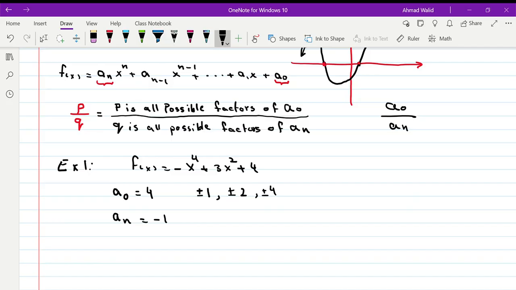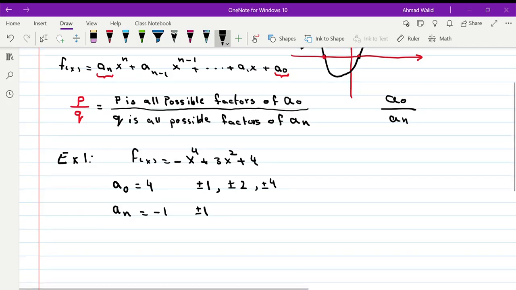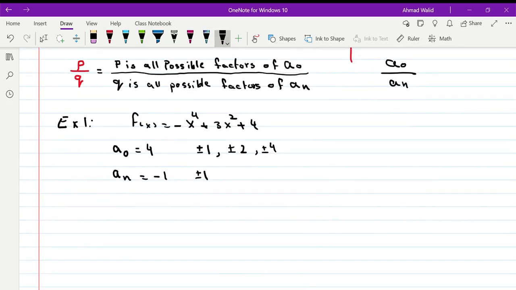What are the possible factors of negative 1? The possible factors of negative 1 are plus minus 1, correct? Now, how do you find the possible zeros? The formula for possible zeros equals p over q, right?